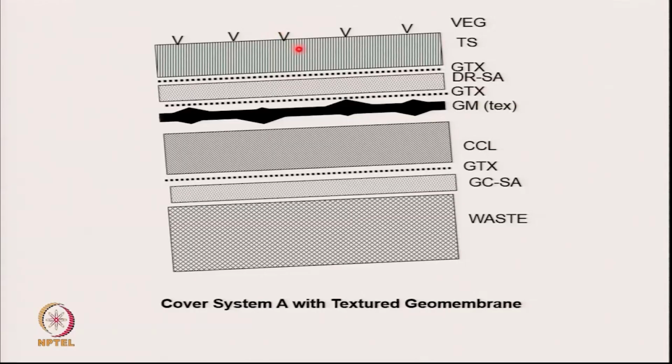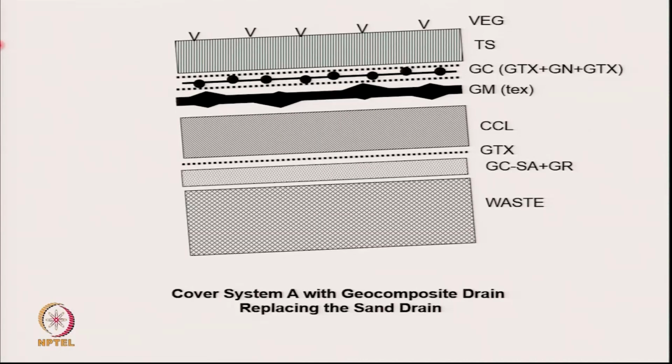So I have a topsoil to geotextile interface, a geotextile to sand interface, a sand to geotextile interface, a geotextile to geomembrane interface, a geomembrane to compacted clay interface, a compacted clay to geotextile interface, a geotextile to gravel sand layer interface, and a gravel sand interface gas collection with waste. So many interfaces. So we always need to identify which is the weakest interface. And I'll come back to this.